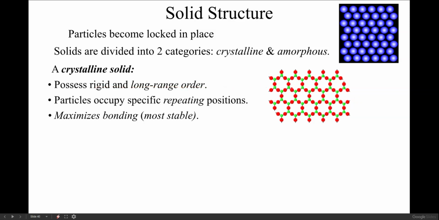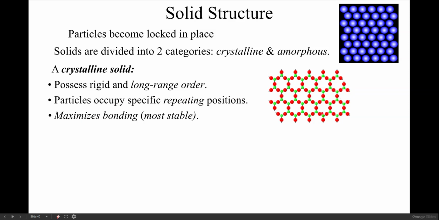So they're rigid and they have long range order. That's key. You can look at a tiny section and know that it's going to repeat over and over and over. And they're generally pretty stable because they've achieved the maximum amount of bonding, the best configurations of intermolecular forces, locked in.